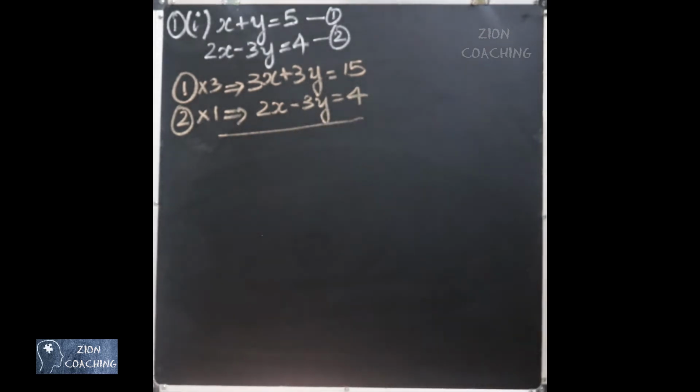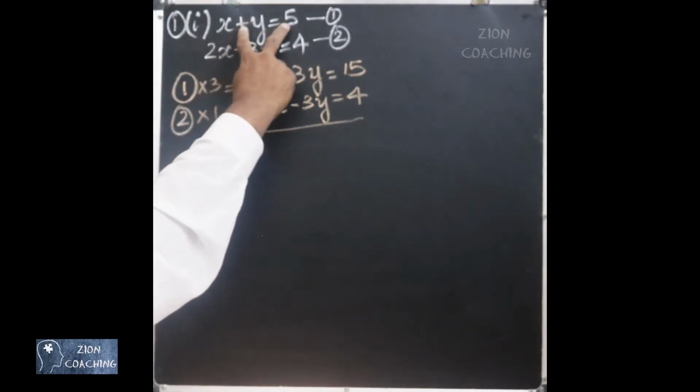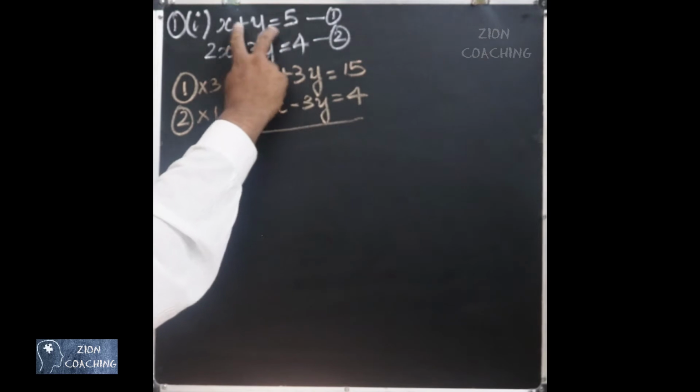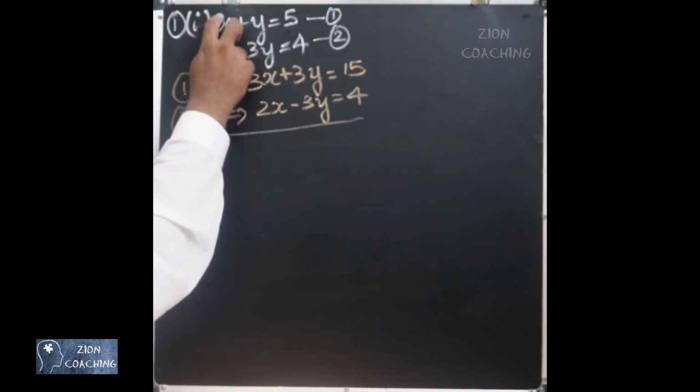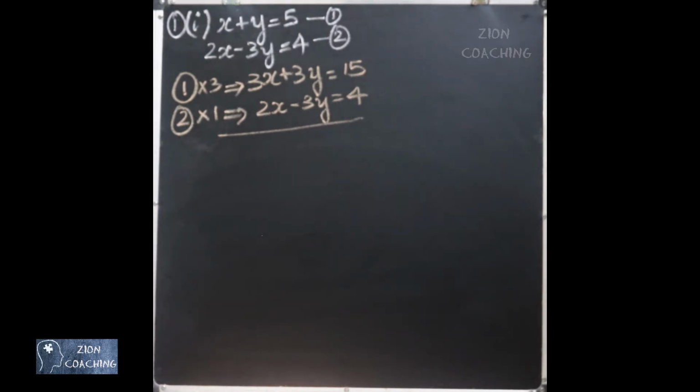Before I add, I want to explain something to you. By multiplying a constant to both sides of the equation, the value is not going to change. If you multiply by a value k on both sides of the equation, then the equation will remain unchanged. That is what we have done here.